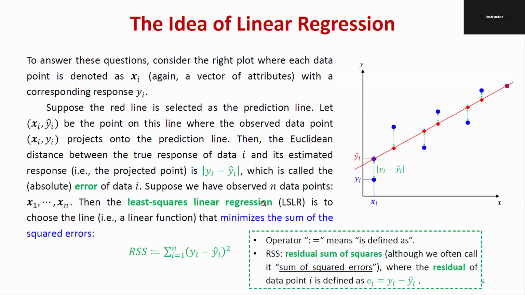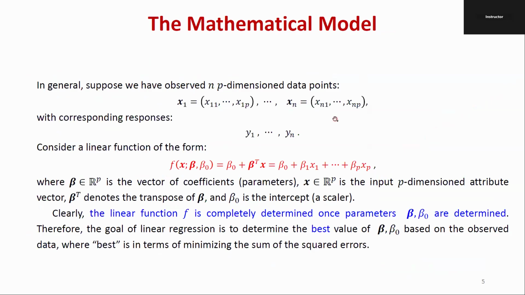Now let's define some notation, the method to get the mathematical model. First of all, I have n observed data. These n observed data are x1, x2, until xn.